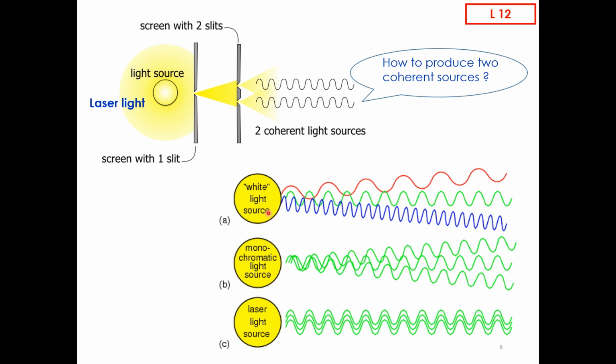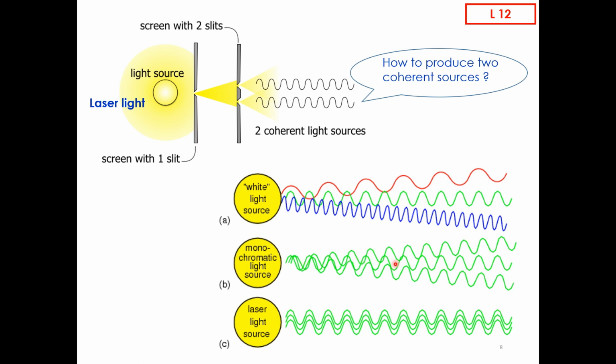Why don't we use a white light source? Because white light has different frequencies: red light, green light, blue light, which are not constant in frequency. How about a monochromatic light source?